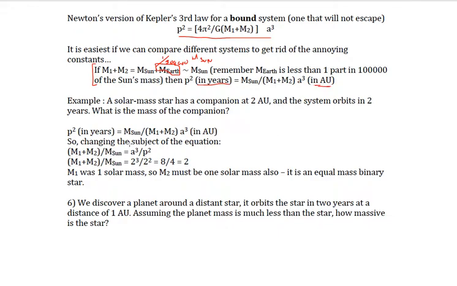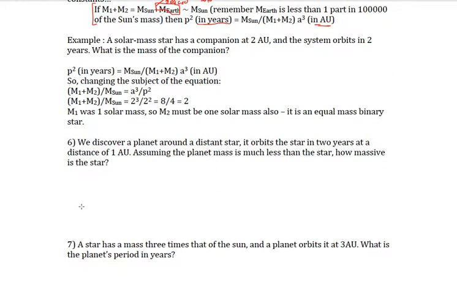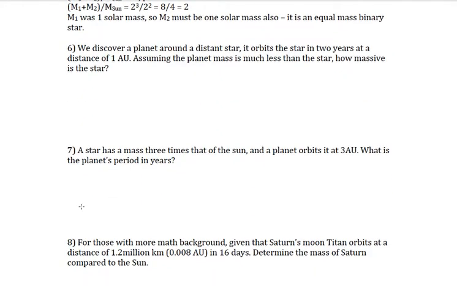So now what we can do is go through the three different questions. If you discover a planet around a distant star, orbiting the star in 2 years at 1 astronomical unit distance, and we assume the planet mass is much less than the star, how massive is the star?